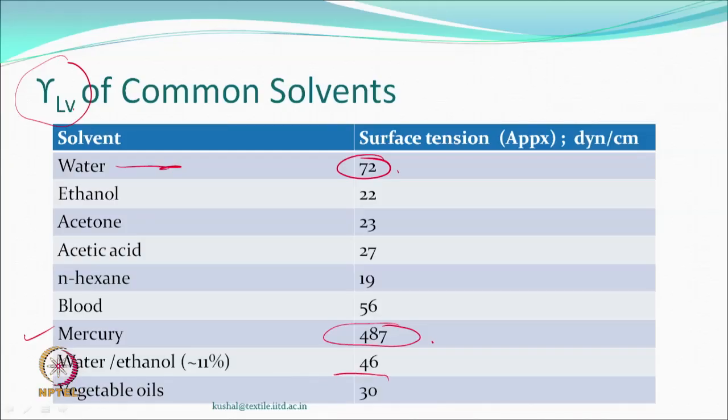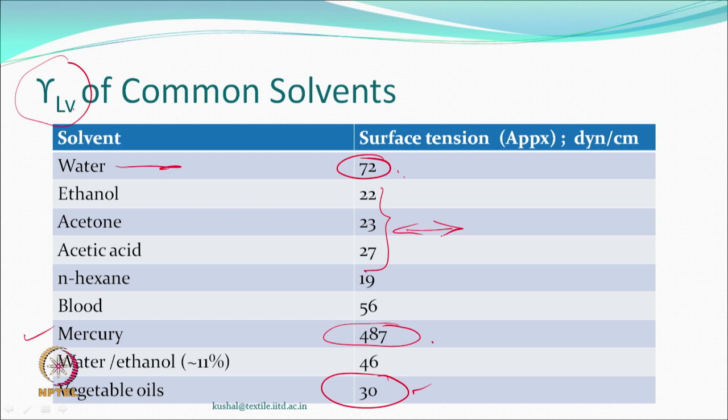But we are not going to be dealing with mercury as a soiling agent. We would be having oils. Look at this compared to water. The surface tension is pretty low, and if you have some other solvents, it is very, very low.